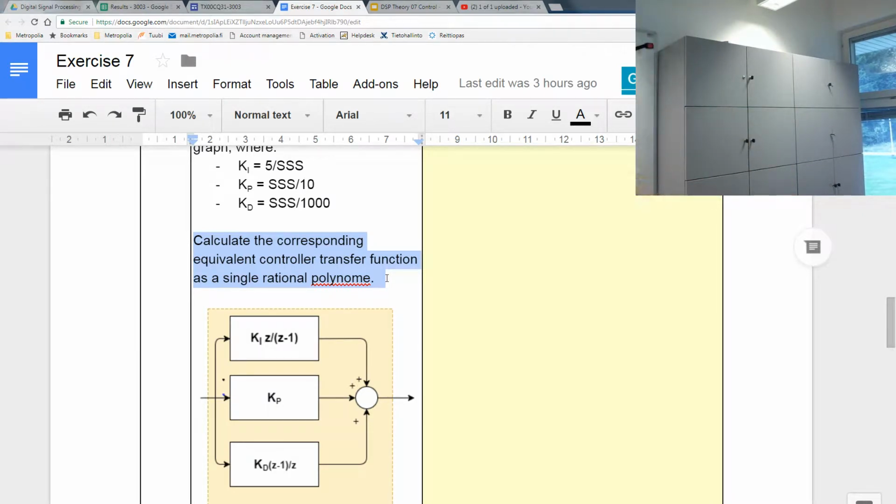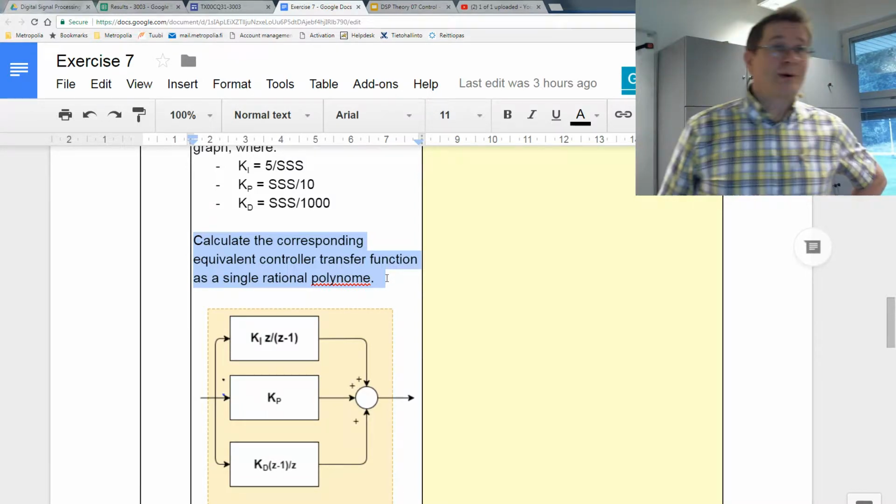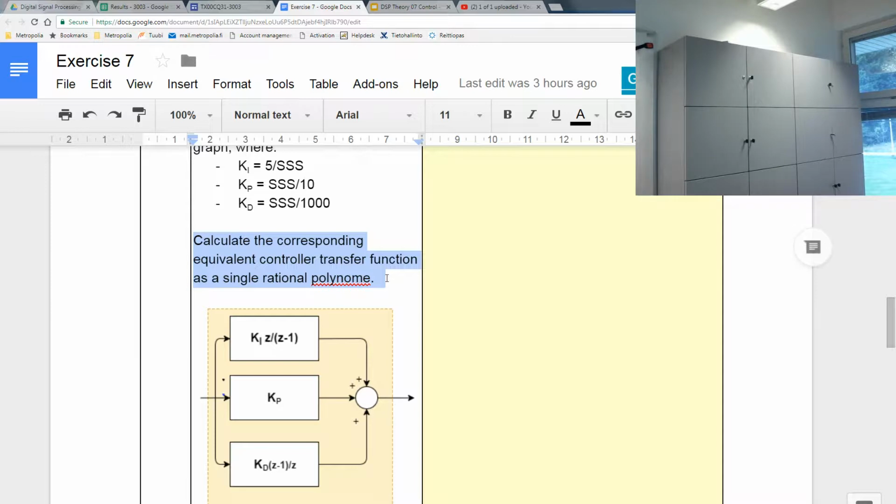So it has the separate terms, and then basically you can do it also with pen and paper, to calculate what is the corresponding transfer function, which has here b0 z^2 plus b1 z plus b2 divided by a0 z^2 plus a1 z plus a2, something like that.